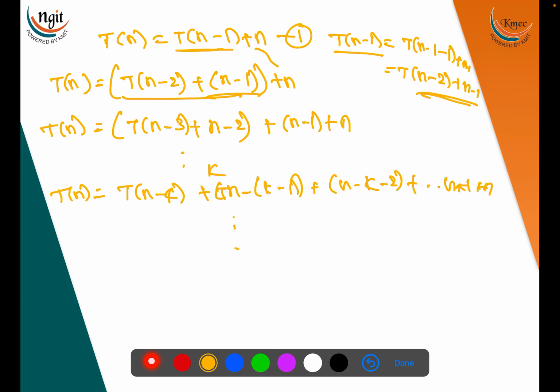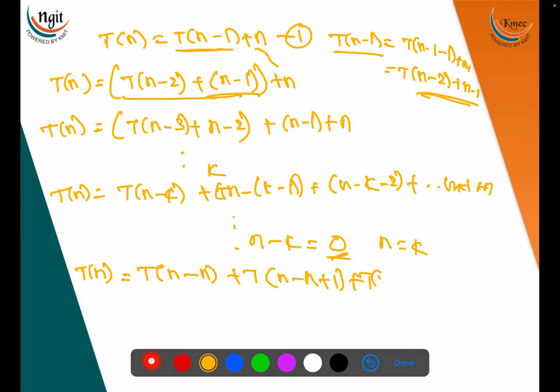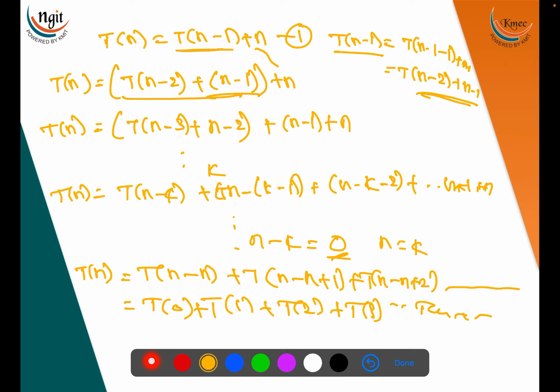So assume that it reaches n minus k, that means n minus k is equal to 0. It reaches 0, hence n is equal to k. Now substitute k in place of n. Now this is the series: T of 0 plus 1 plus 2 plus 3 and so on up to n minus 1 plus n.